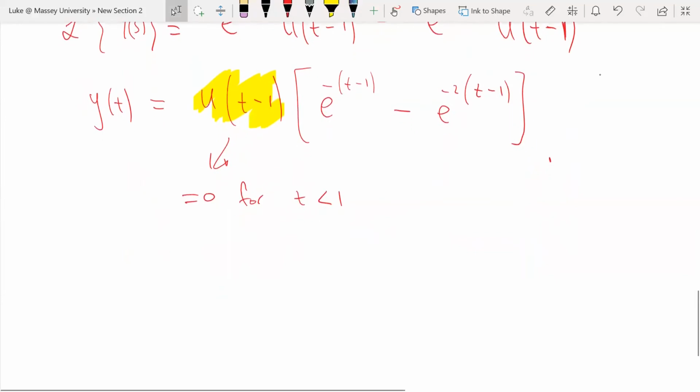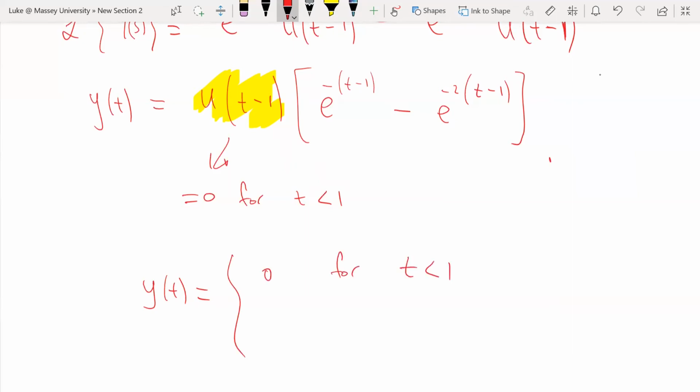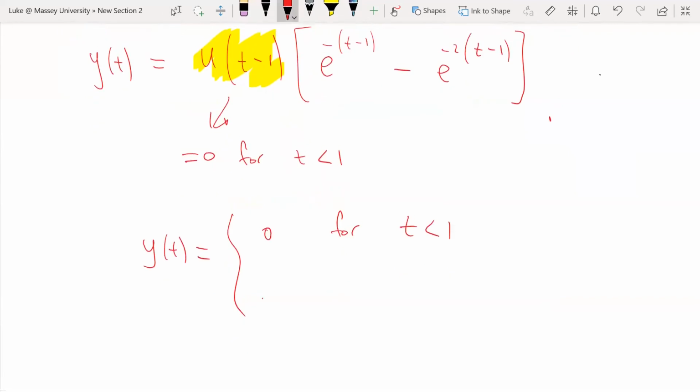This is coming out in the solution, which is really encouraging. Also note that the unit step function equals 1 for t greater than or equal to 1. So I can write my solution as y(t) equals 0 for t less than 1, and equal to e to the minus (t minus 1) minus e to the minus 2(t minus 1) for t greater than or equal to 1.